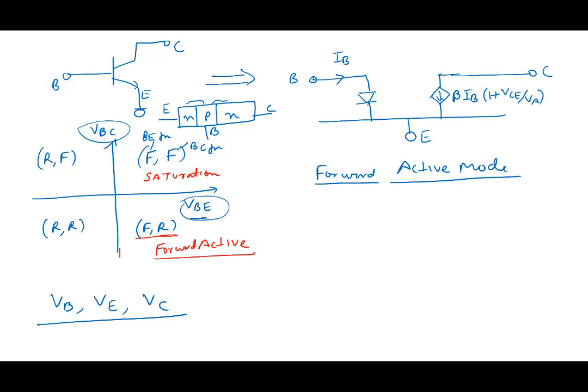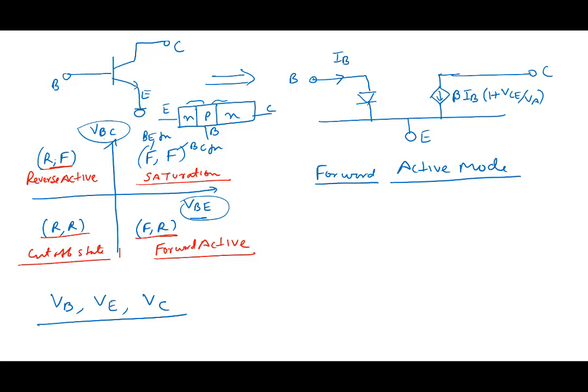The other one is exactly opposite: the base emitter junction is reverse biased and the collector base junction is forward biased. This is also active, but we call it reverse active. And when both the junctions are reverse biased, they don't carry much current, so we call this the cutoff state.